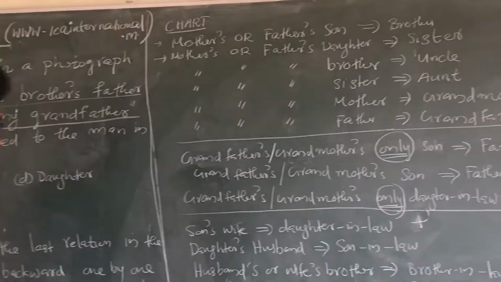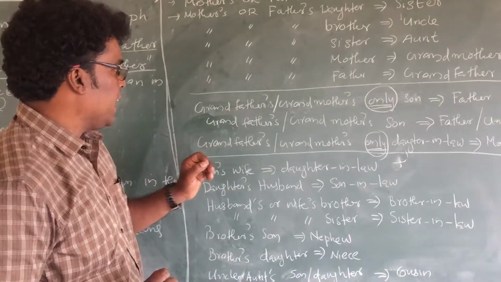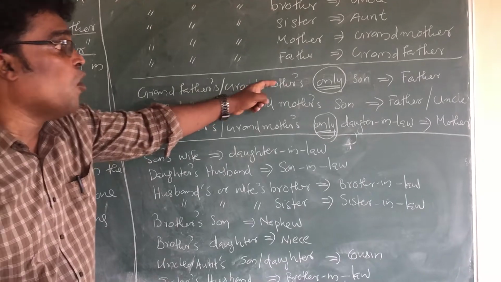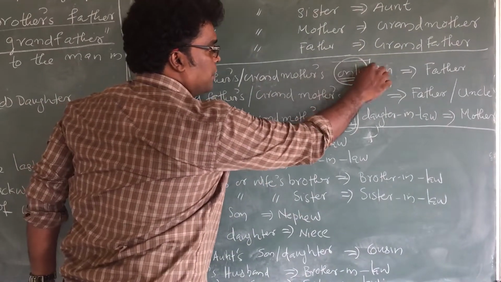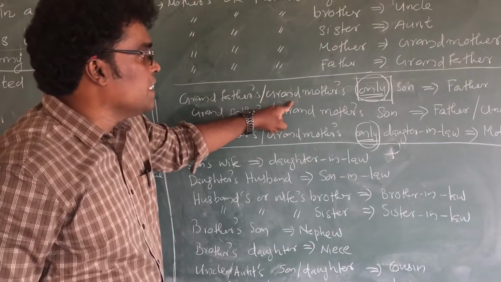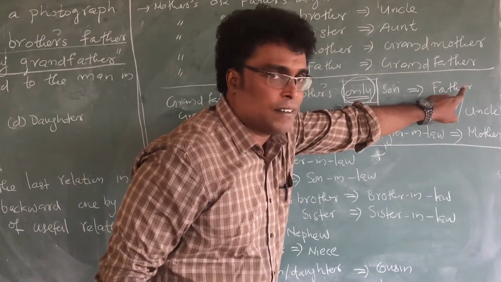But now comes the tricky part. Suppose the question involves a sentence like this: grandfather's or grandmother's only son. Beware of this word, only. Grandfather's or grandmother's only son means one's father.